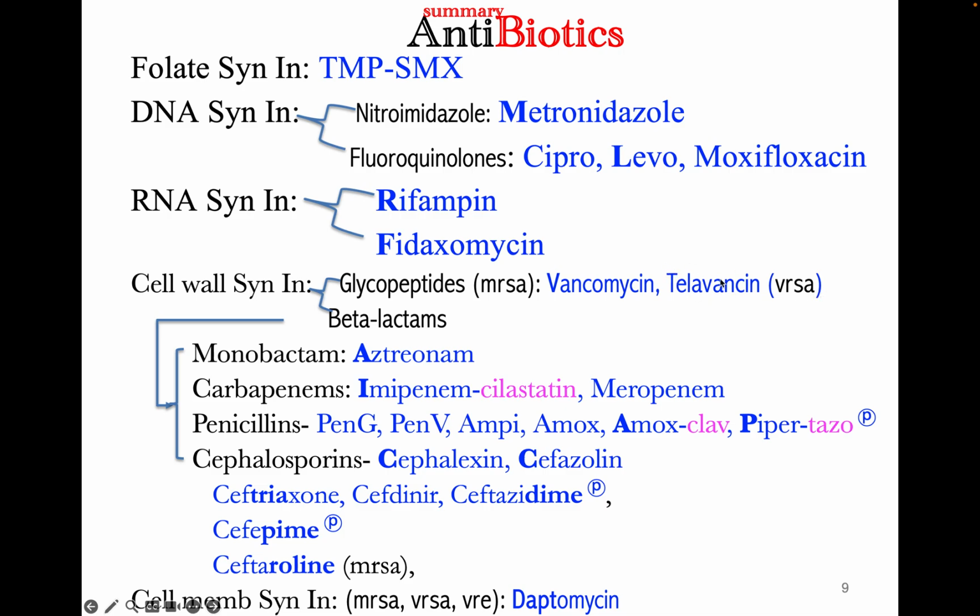There are other drugs as well. These two drugs can cover MRSA, but most beta-lactams cover only MSSA, methicillin-sensitive Staph aureus. The only exception is ceftaroline. I will talk about that later.